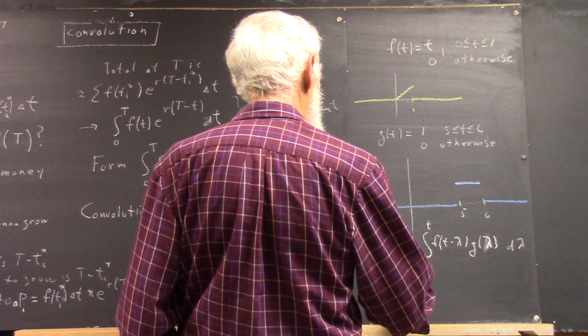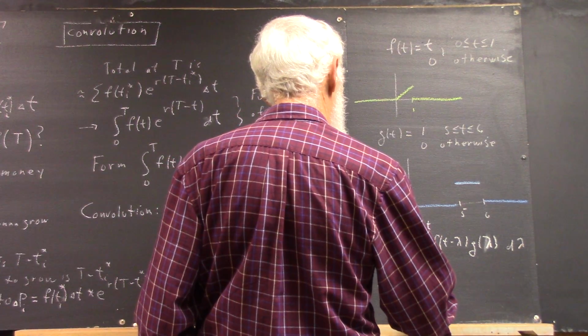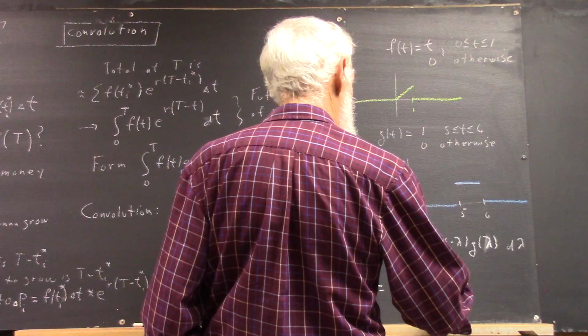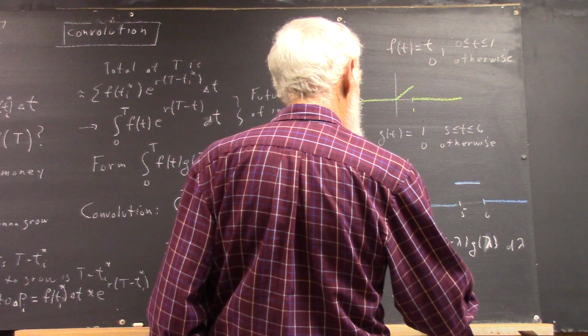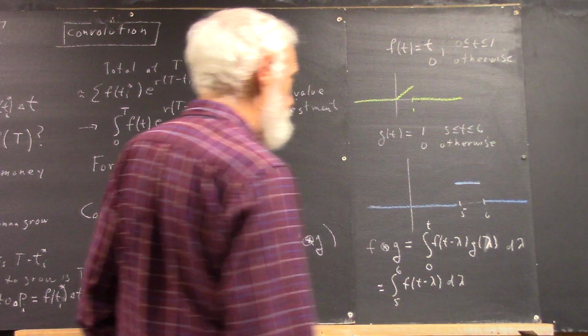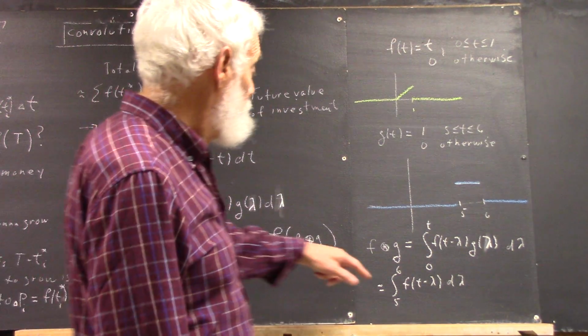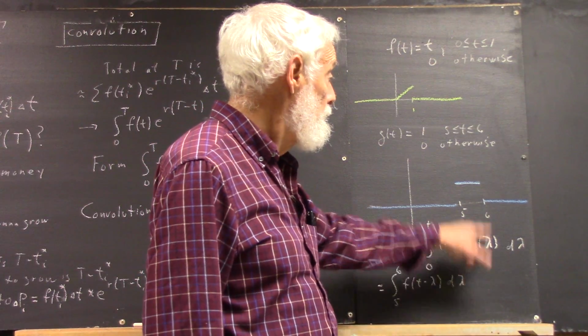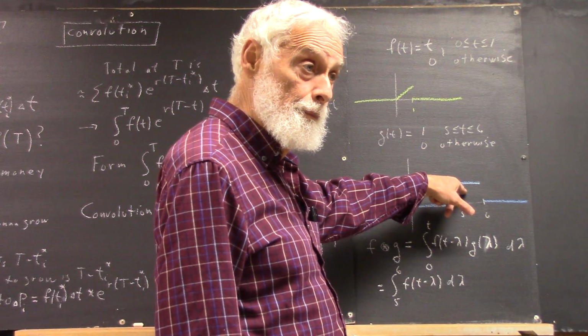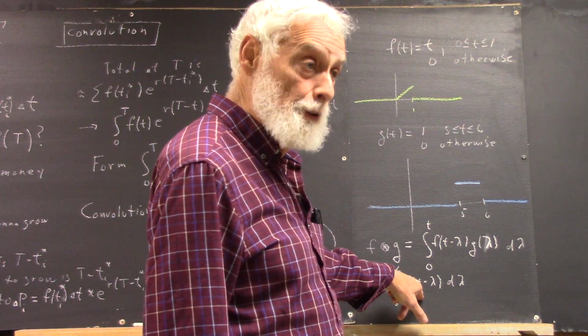This is just then the integral from 5 to 6 of f of t minus lambda. T lambda, isn't it? Because between 5 and 6, g is equal to 1, okay? So we just have this integral.